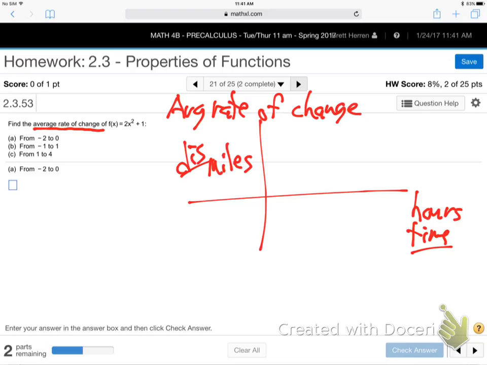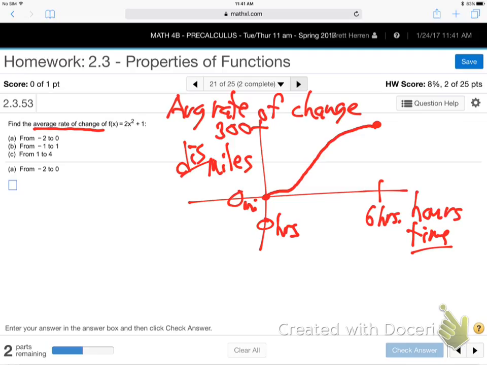So if I left my house, got on the freeway, and arrived at our friend's house, say it took 6 hours and it was a 300-mile trip.